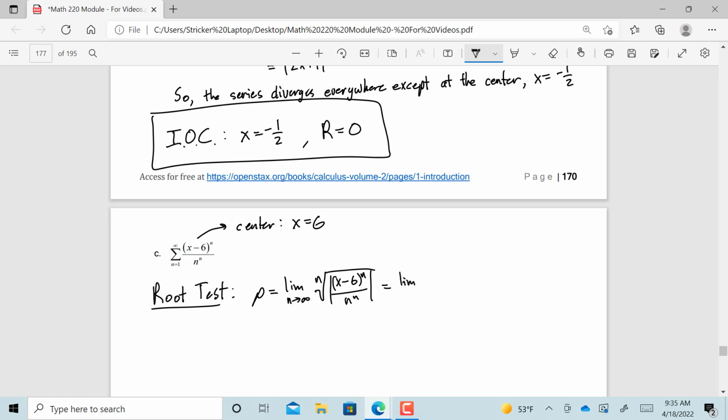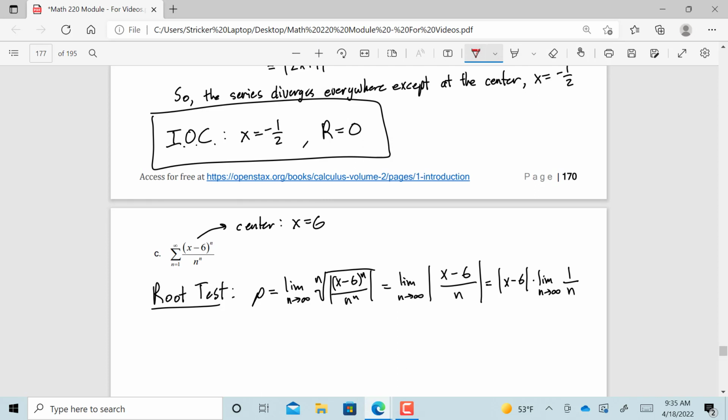So that's going to get rid of those nth powers. We're going to get the limit as n approaches infinity, and what's left is the absolute value of x minus 6 over n. Again, pull out the x part, so we have the absolute value of x minus 6 times the limit as n approaches infinity of 1 over n. And now we can go ahead and write what that limit equals, right?